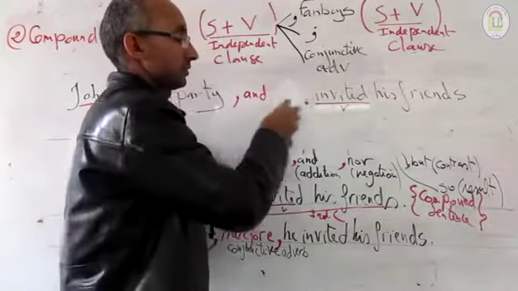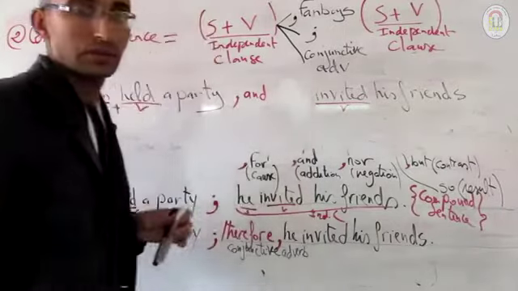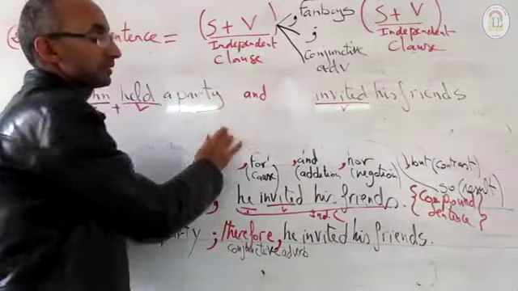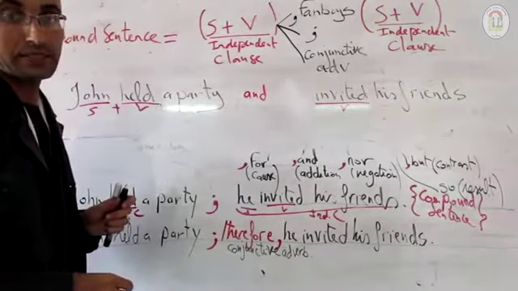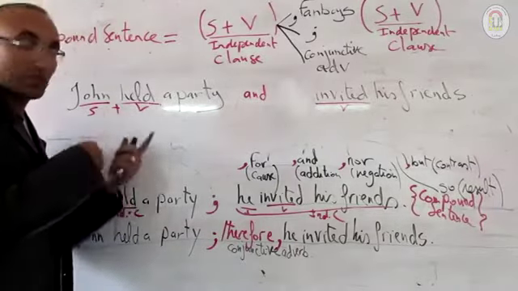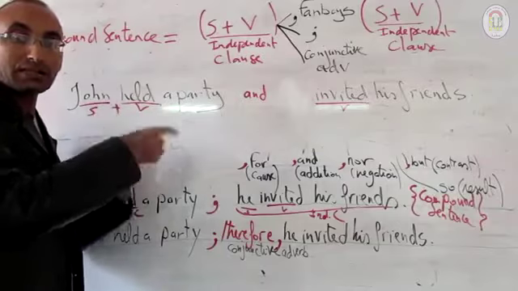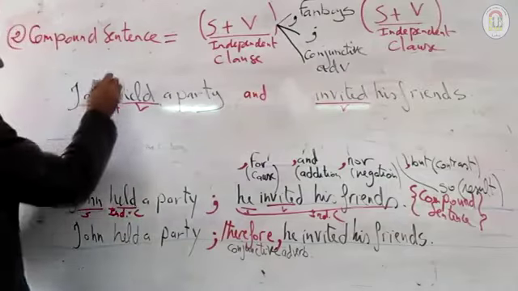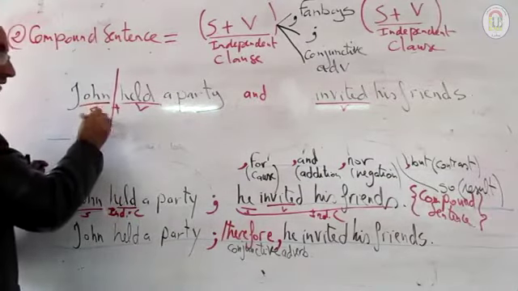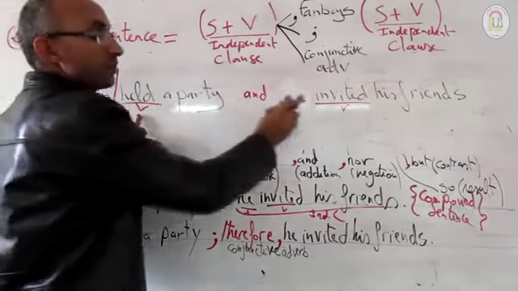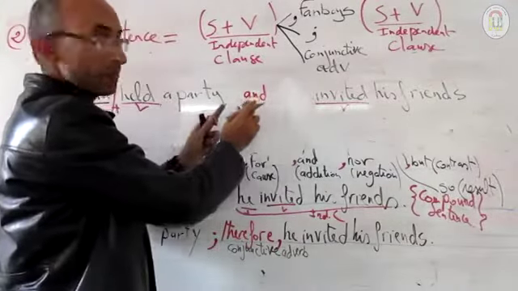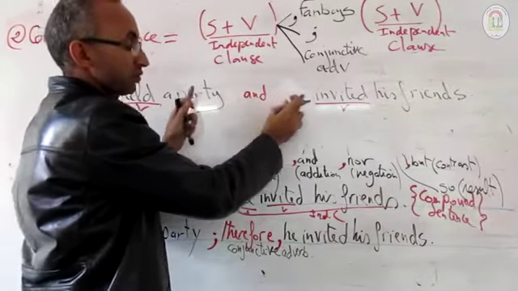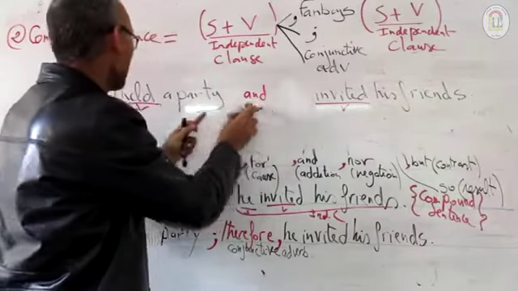Now, if I remove my subject here, what type is the sentence? And I write, John had the party and invited his friends. So here, this example reminds us of what? Of the first type. Because here we have only one subject and two verbs together, which are joined by what? By and. So when we have two verbs joined by and, it's only what?